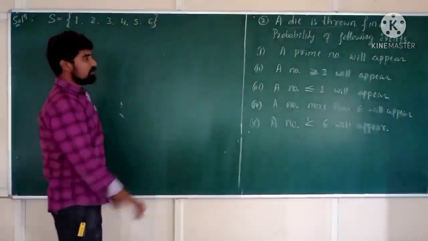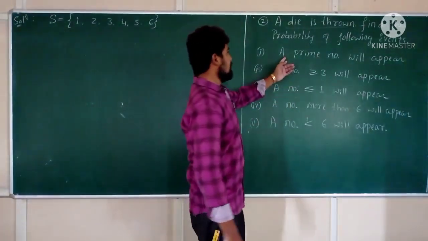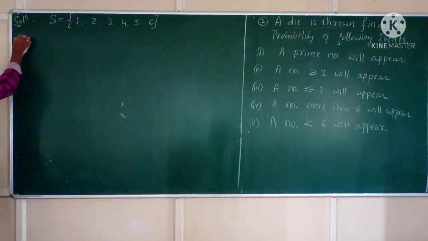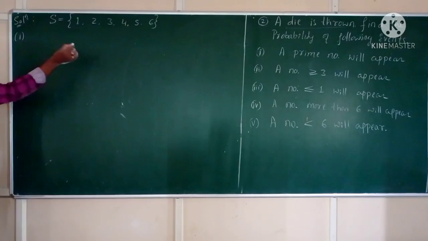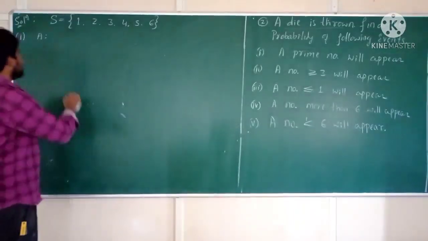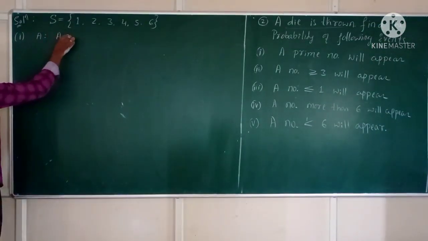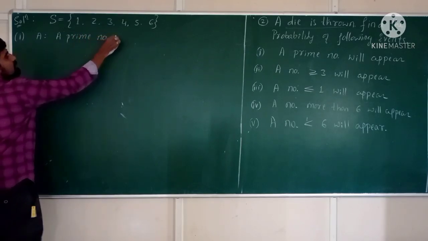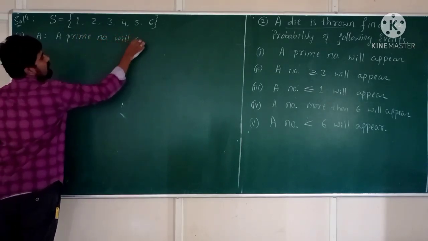Now we need to find out the probability of the event a prime number will appear. So for the first question, let us define the event A. The given event A is a prime number will appear.